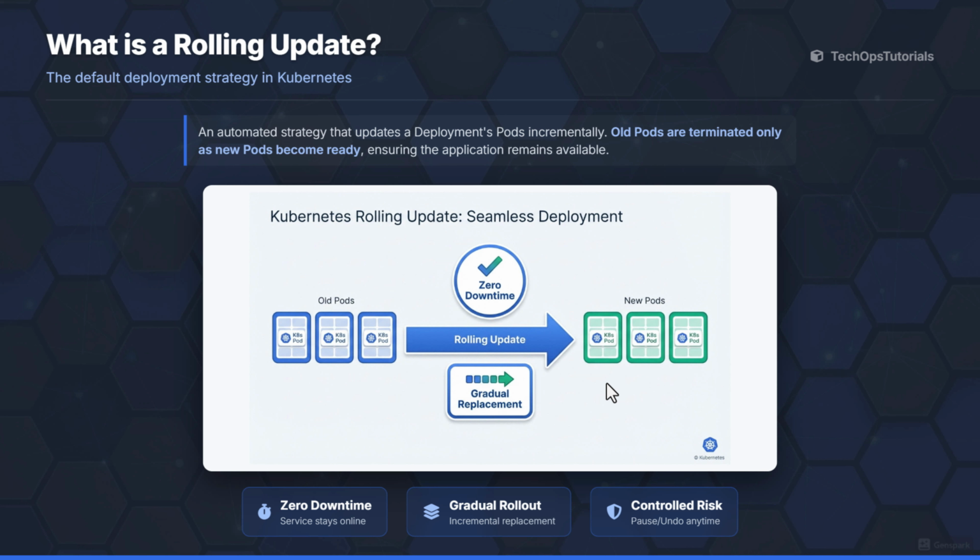This approach gives you three big benefits: zero downtime, your service stays up; gradual rollout, changes happen slowly and safely; controlled risk, if something goes wrong, you can pause or undo the update at any time. So rolling updates are the default strategy in Kubernetes because they are safe, smooth, and production friendly.